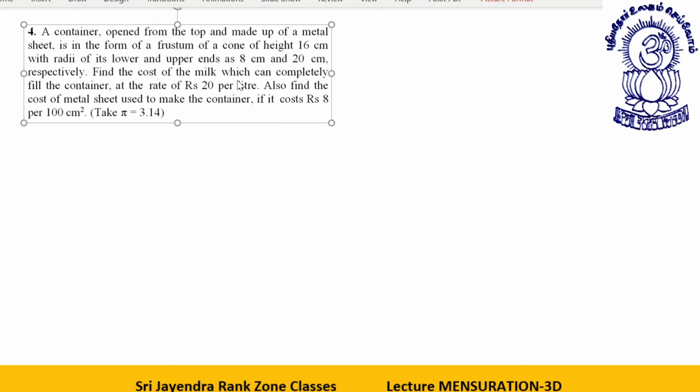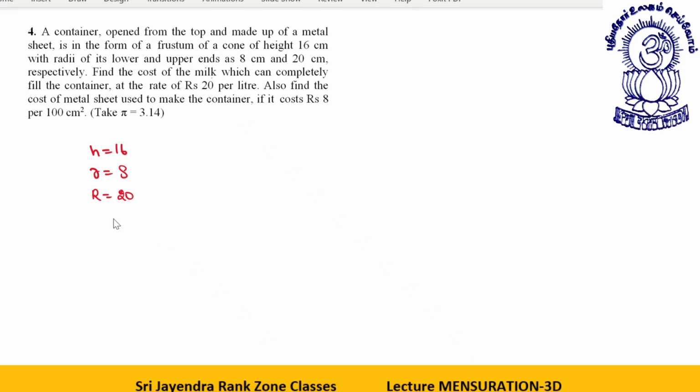A container opened from the top and made up of a metal sheet is in the form of a frustum of a cone of height 16 with radius at lower and upper ends, let's say, r is equal to 8 and capital R is equal to 20 respectively. Find the cost of the milk which can completely fill the container at the rate of rupees 20 per liter. Also find the cost of metal sheets used to make the container.